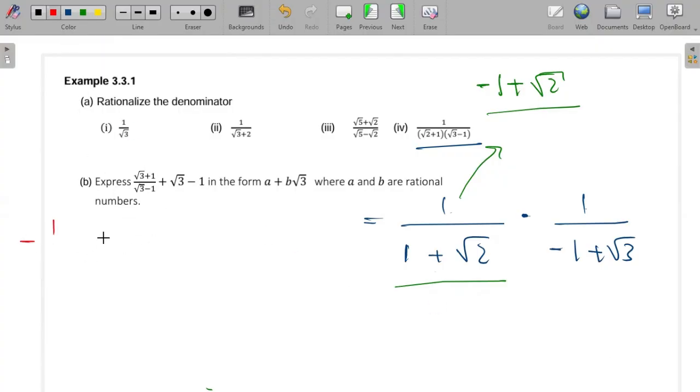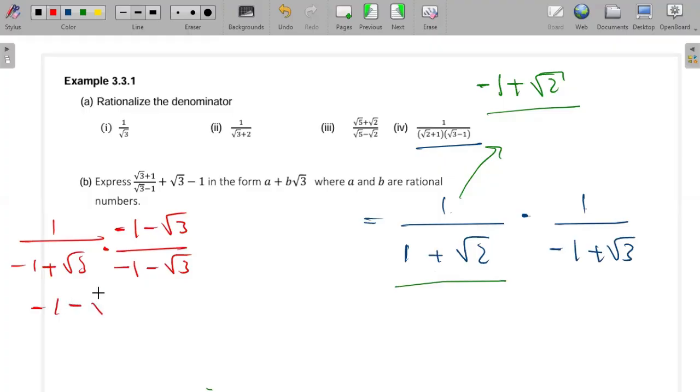So you have 1 over negative 1 plus root 3. By the conjugate, that sign will change, so it will be negative 1 minus root 3 there, and you're multiplying by this here. So in the numerator, you have negative 1 minus root 3.